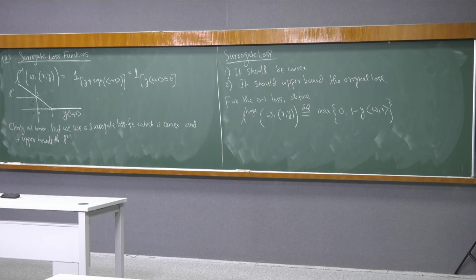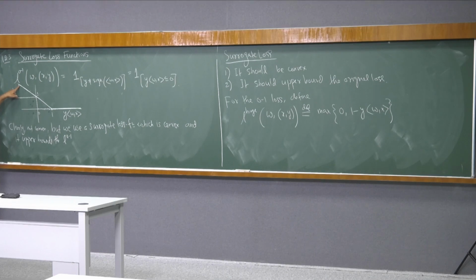And if y w transpose x is less than 1, then 1 minus y w x is greater than or equal to 0. In that case, the maximum of 0 and something greater than or equal to 0 will be that quantity, which is given by this line, 1 minus y w x.